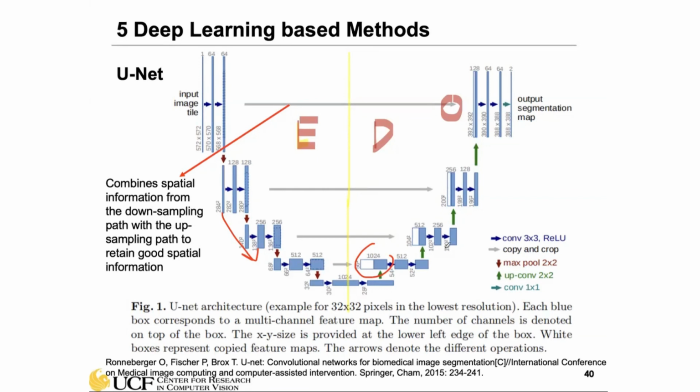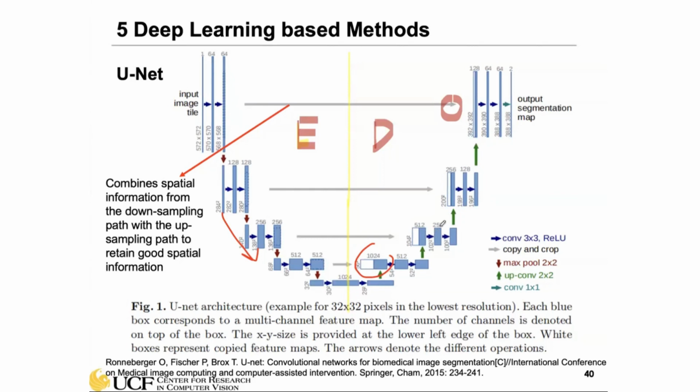So how can we compensate for the spatial information lost in the downsampling stage? Because this is symmetric, we can go directly to the encoder side, take that feature map and reuse it on the decoder side, for this particular layer. Hopefully some of the lost information can be brought back here.